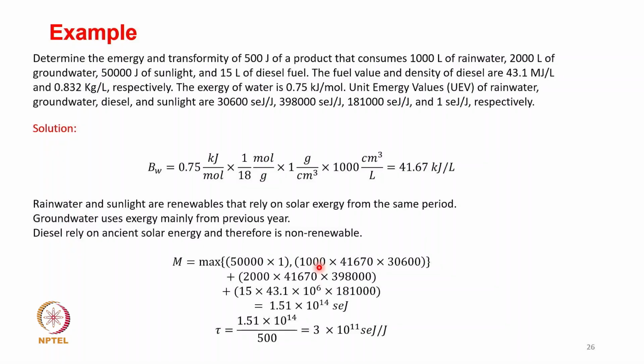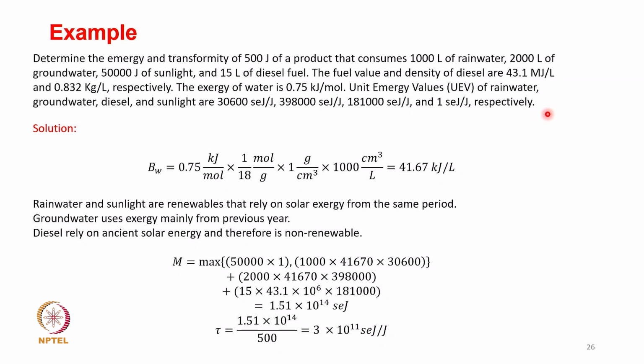So now let's take a calculation here. For instance, determine the emergy and transformity of 500 joules of a product that consumes 100 liters of rainwater, 1000 liters of rainwater, 2000 liters of groundwater, 50,000 joules of sunlight, and 15 liters of diesel fuel. The fuel value and density of diesel are 43.1 MJ per L and 0.832 kilojoule per liter respectively.